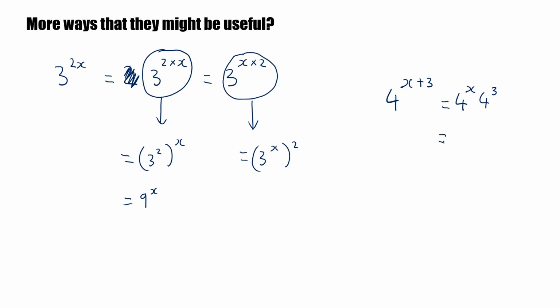The reason that's beneficial is because then you realize that 4 to the power of 3 is a number, which is specifically 64. So you realize this is 64 lots of 4 to the power of x. And again, that might be beneficial for you to be able to combine with other things once it's been written like this, for whatever reason. So be aware, sometimes index laws are useful to combine things, sometimes it's useful to help you split things up.